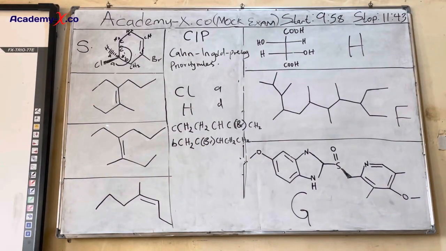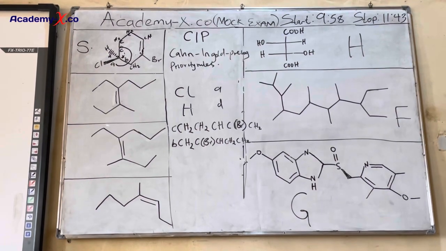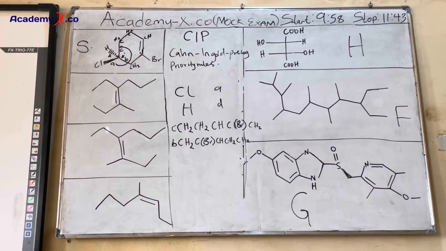So I hope you understood this small thing I did. I took my time to explain it because you will see this in your theory exam. So you know how you are going. And they will put a ring for you, not even a chain. He likes rings. In fact, they put a drop for you to identify whether it's R or S. Differentiate between absolute configuration and relative configuration.